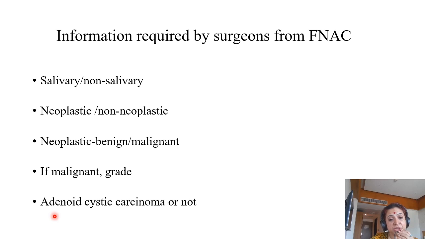So resections are difficult. Clear margins in case of adenoid cystic carcinoma are difficult, and so the surgeon can plan accordingly. So that is the importance of giving a diagnosis of adenoid cystic carcinoma in the FNA.